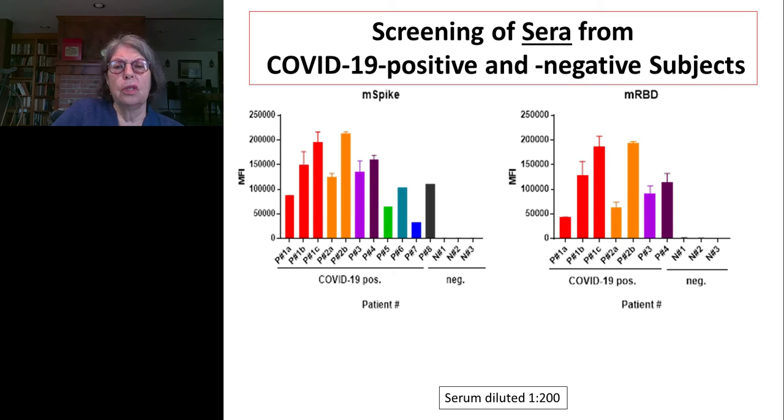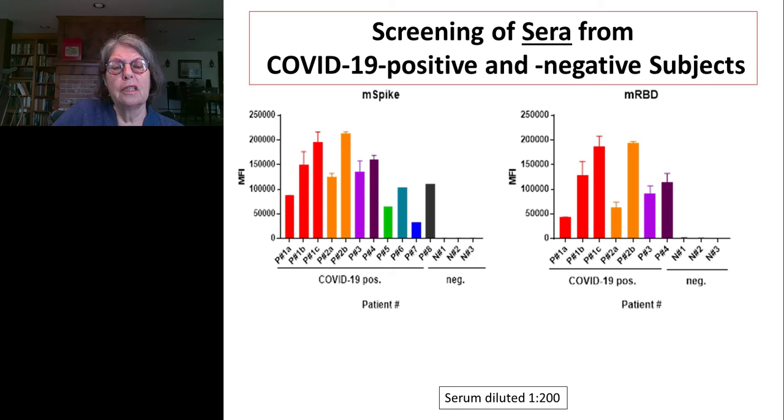What I'm showing you in this slide, again on the left, is the reactivity of the sera to M spike, and on the right is the reactivity to RBD. Again, the sera are being tested at a dilution of 1 to 200. On the right of each side are 3 negatives, COVID negative controls.